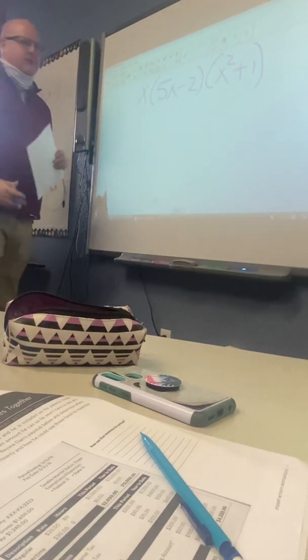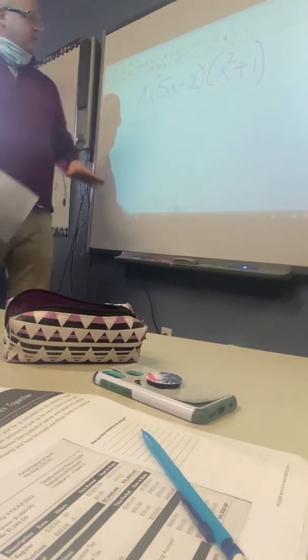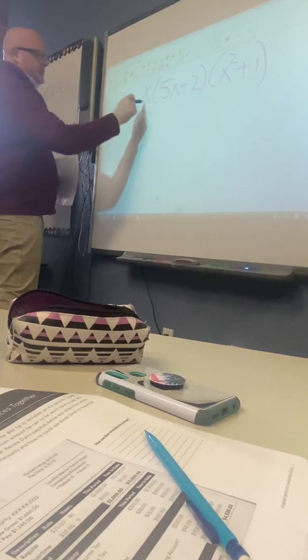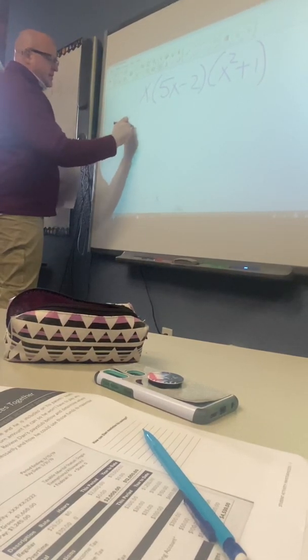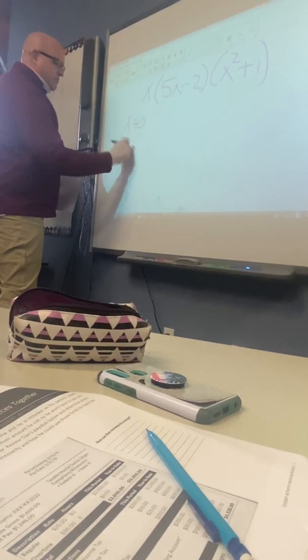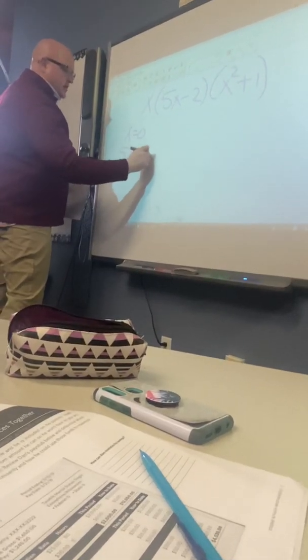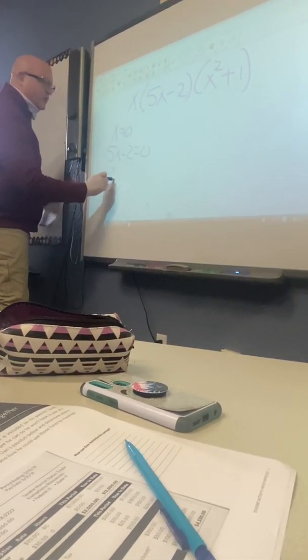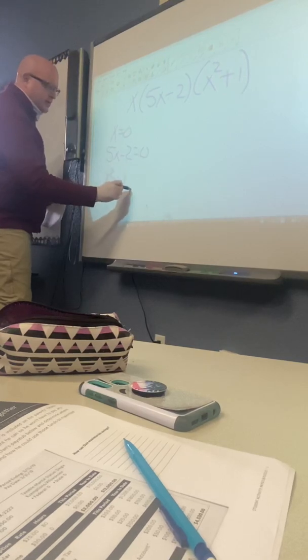I know you're gonna freak out because there's a square there, but it's okay. We're gonna have 3 different answers. We have this one right here, where x equals 0. We have this one right here, 5x minus 2 equals 0. And then our third one is x squared plus 1 equals 0.